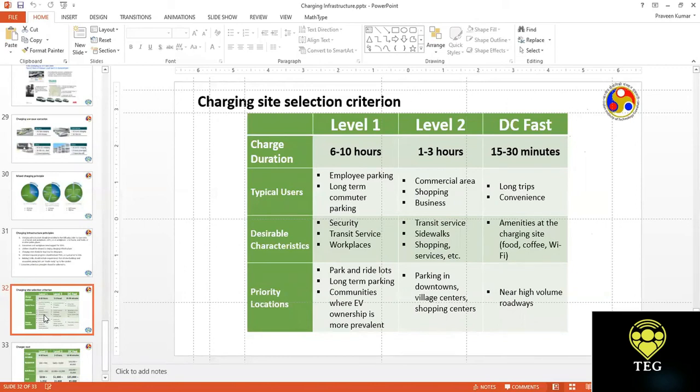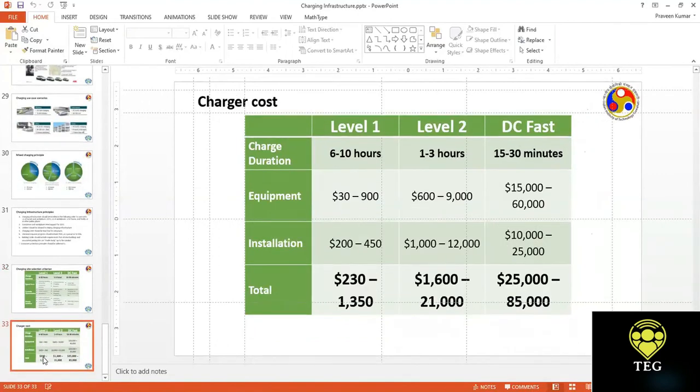Also, here are the various locations where we can put various kinds of chargers throughout the city and throughout the transportation network. So this was a brief idea about chargers, some idea about how we can plan them, and also some idea about the cost. Okay, so these are the total costs associated with various kinds of chargers.